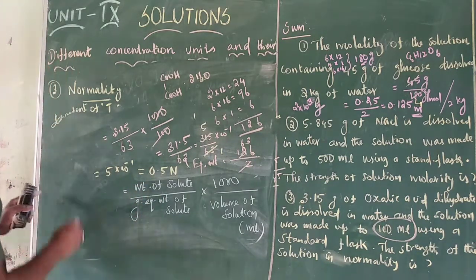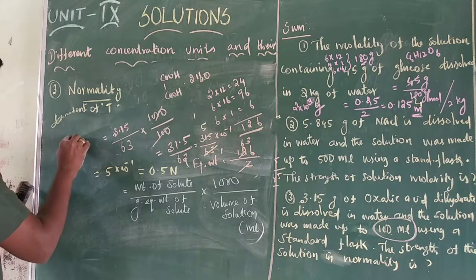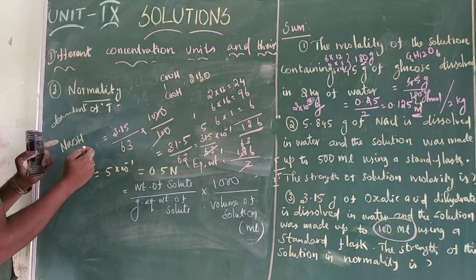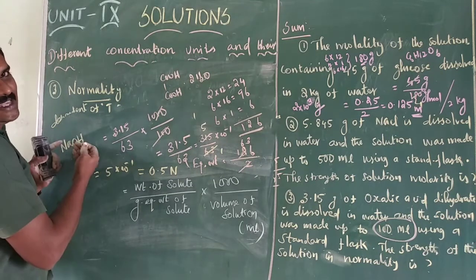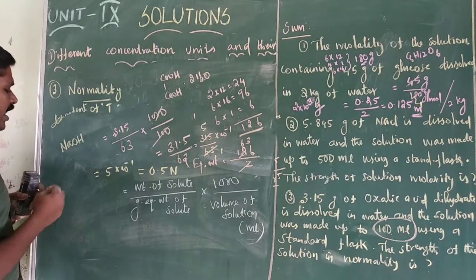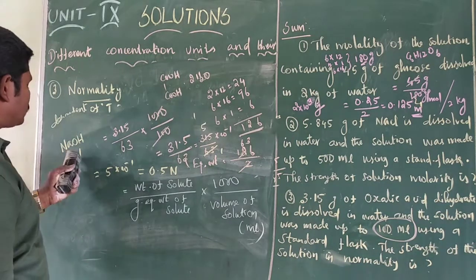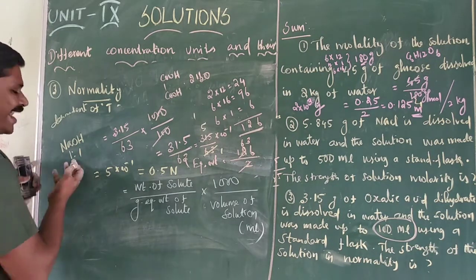Are you right? In a sodium hydroxide solution, the normality and molarity are same. Okay, so 1:1 solution. Sodium hydroxide solution is a 1:1 solution. The valence is 1.